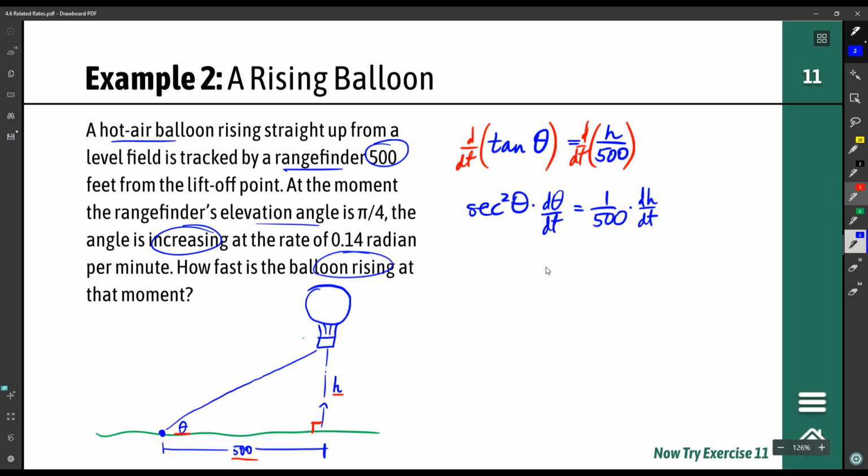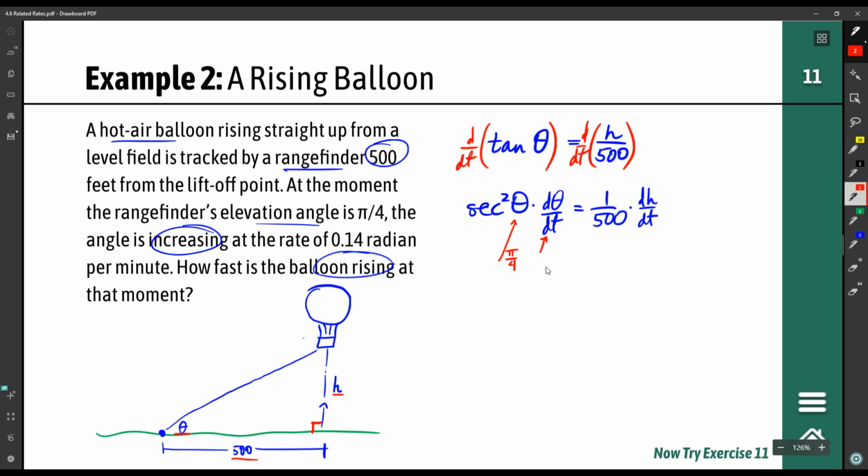Now we get to plug in what we know. So here's what we were told, that at the moment the rangefinder's elevation angle is pi over 4. So we freeze time. The angle in question is pi over 4. The angle is increasing at a rate of 0.14. So that's a rate, and in particular, it's d theta/dt.